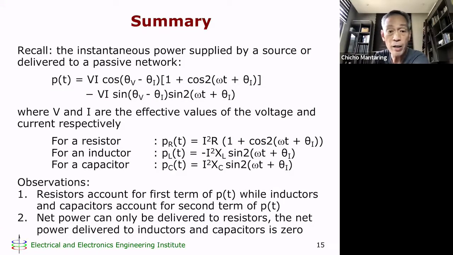And also take note that net power can only be delivered to resistors. The net power delivered to inductors and capacitors, as I showed in the graphs that I earlier prepared, is equal to 0.